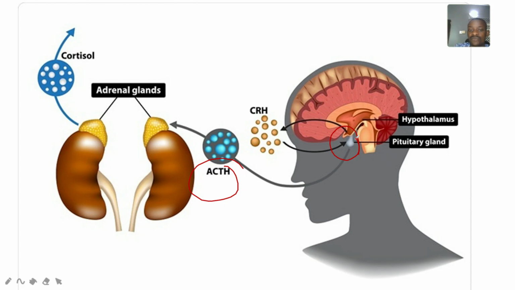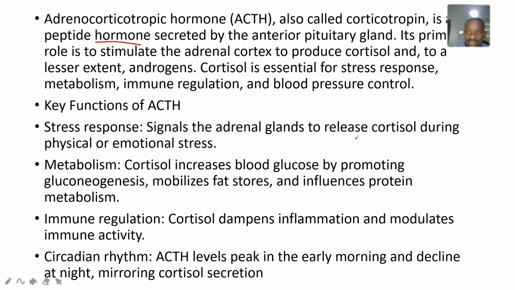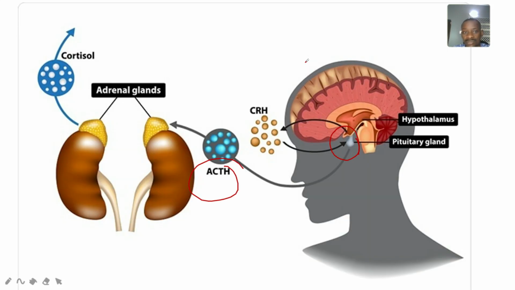We're talking about the front side that secretes the ACTH. Its primary role is to stimulate the adrenal cortex to produce cortisol and also sometimes androgens in males. From the brain, it goes down to this organ that is located on top of your kidneys, in the abdomen, and stimulates these adrenal glands to produce cortisol.